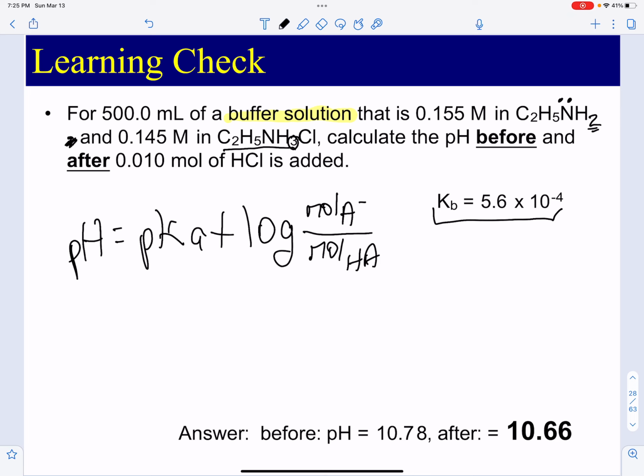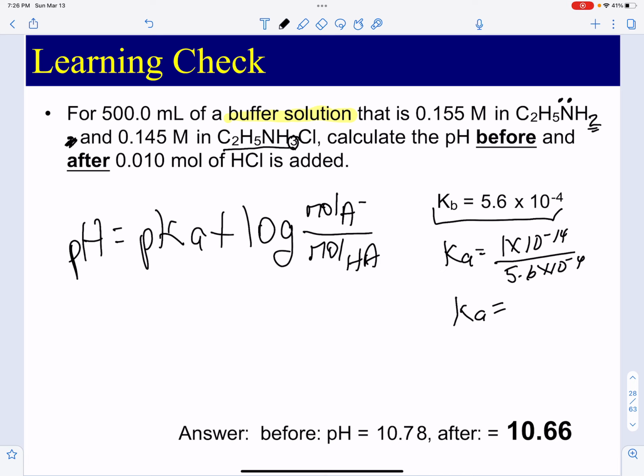So I want to use this formula, so I'm going to say Ka equals 1 × 10⁻¹⁴ divided by the Kb, which is 5.6 × 10⁻⁴. So let me find out what is the value that we have for Ka.